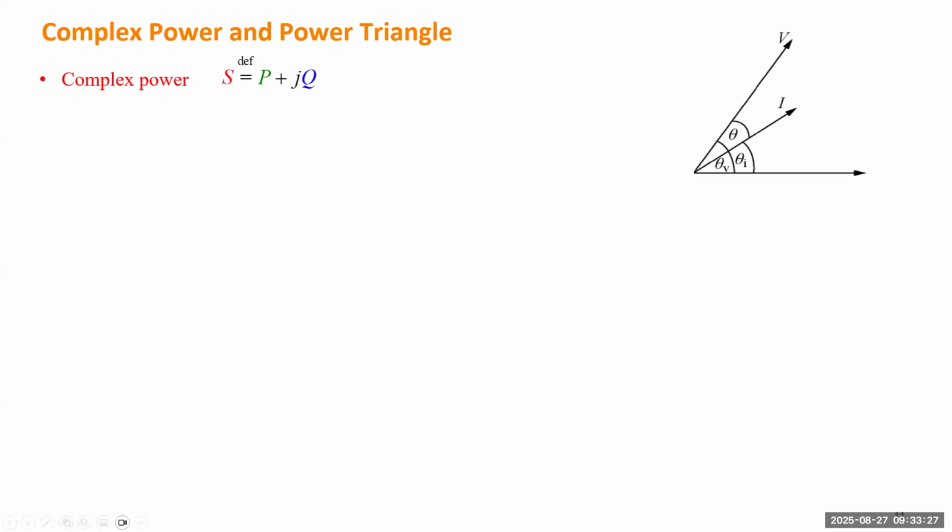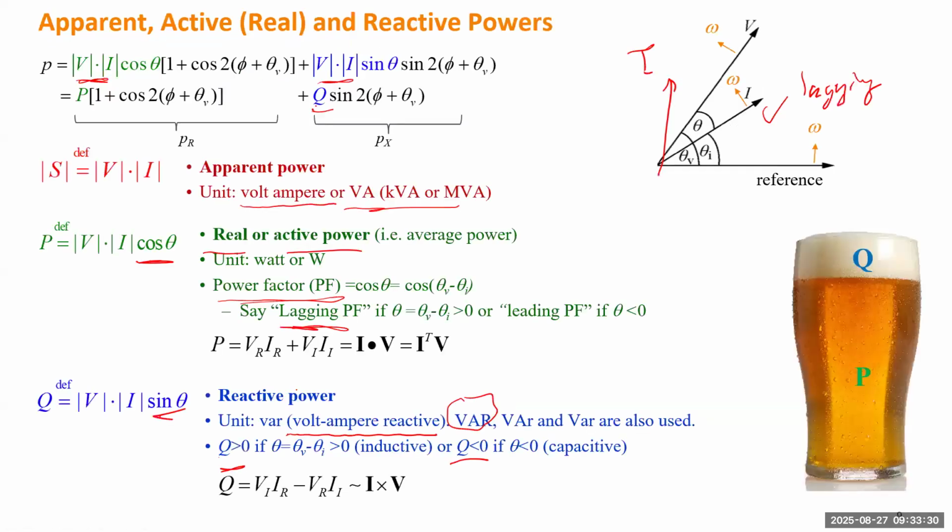Because from here, this is P, this is Q, and this is S, absolute S. If you look at those three items, you can easily think that probably S itself is meaningful. It can be a complex number, with real part P and imaginary part Q. To calculate the real part, it will be the absolute value multiplied by cosine theta. Theta will be the angle of the complex number. So we can naturally define complex power.